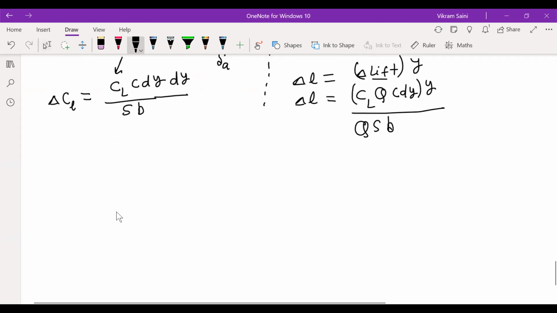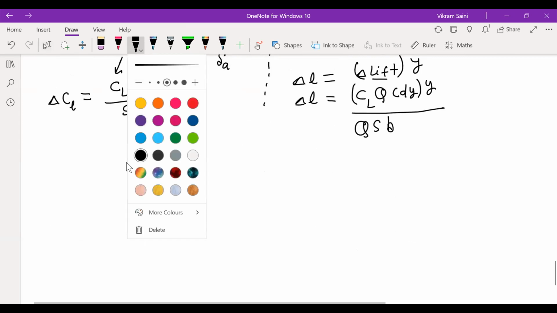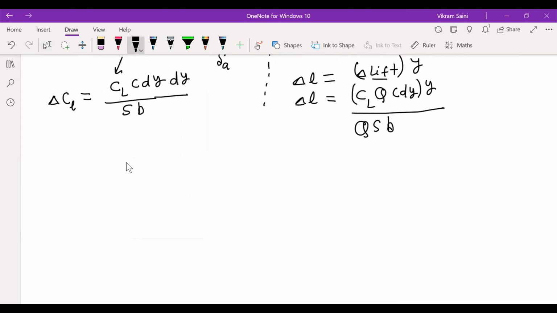Let's call the lift coefficient for that airfoil section Cl. So what will happen is, it will be CL alpha times alpha, but you don't know the alpha, right?